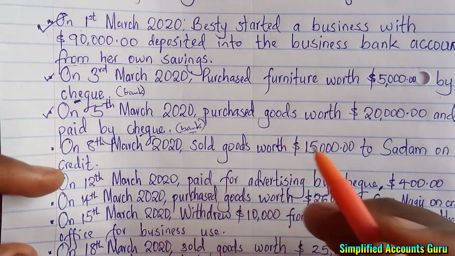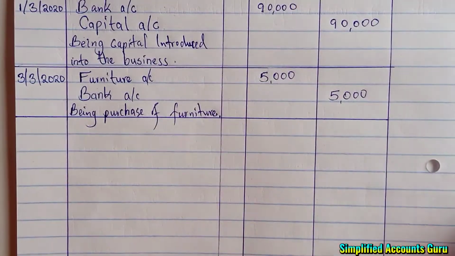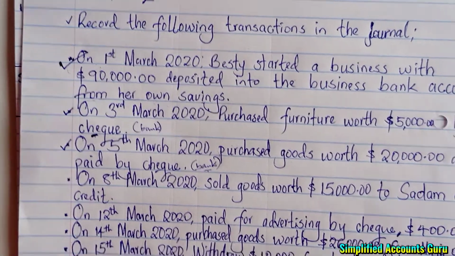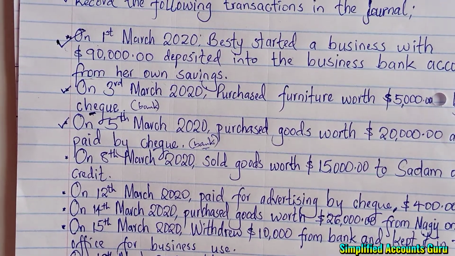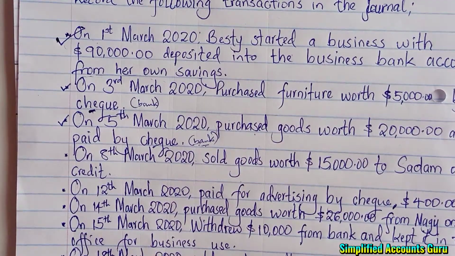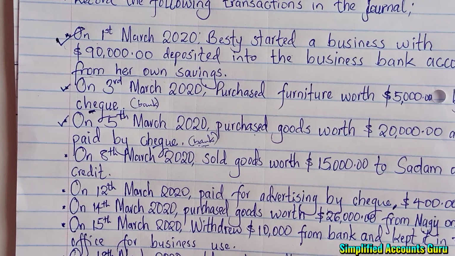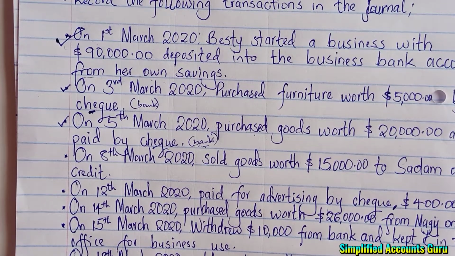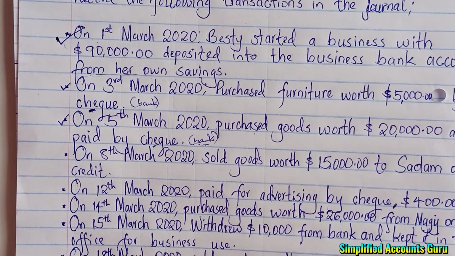So we'll debit. We have said that we have two accounts that have been affected, the bank account and the purchases account. Both of the accounts are assets. Stock is a current asset, bank is a current asset. So this is a transaction that affects assets within the same category, the category of current assets.